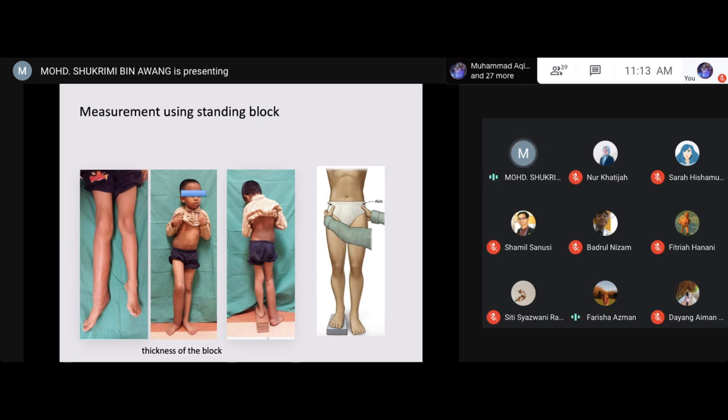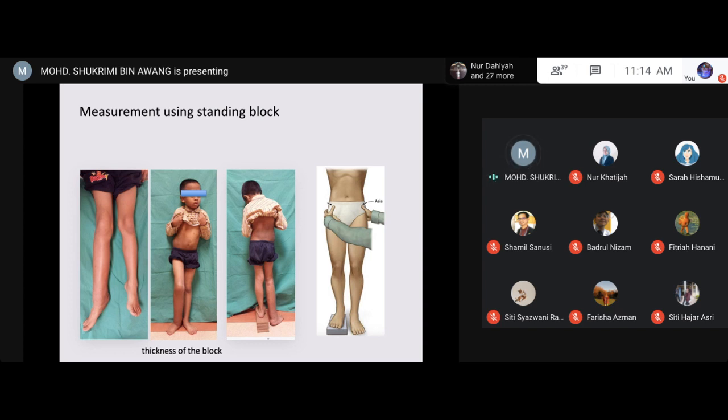Yes, Doctor. After we do the block test, should we measure the tibia and femur and also the supratrochanteric? Okay, if you want to know the segmental length, yes, of course. You can do the measurement using a tape again. But at least now you know you have about 7 centimeters, and the problem probably is not only bone.